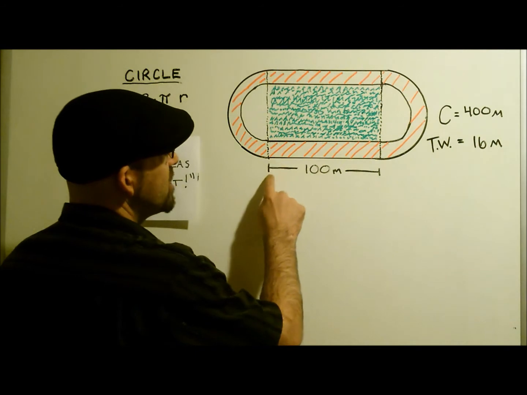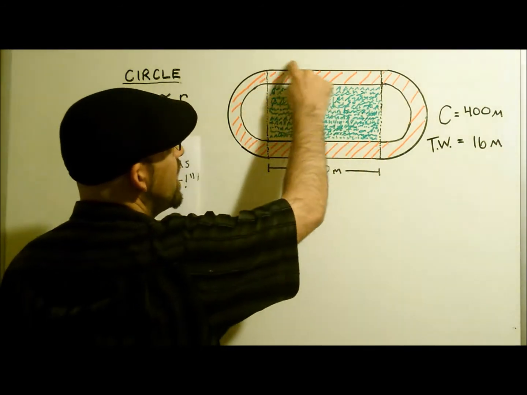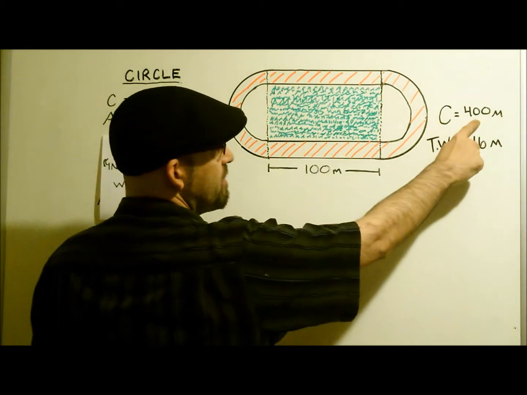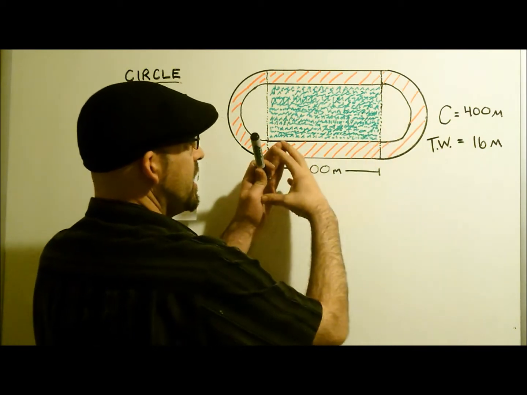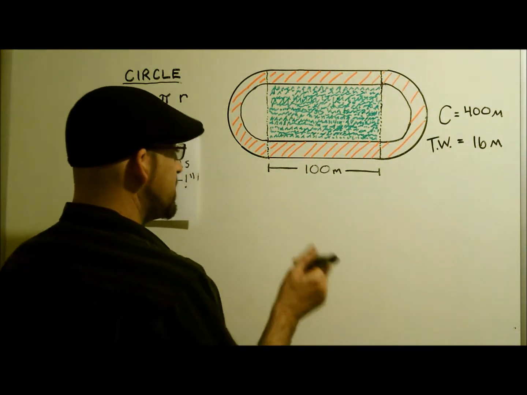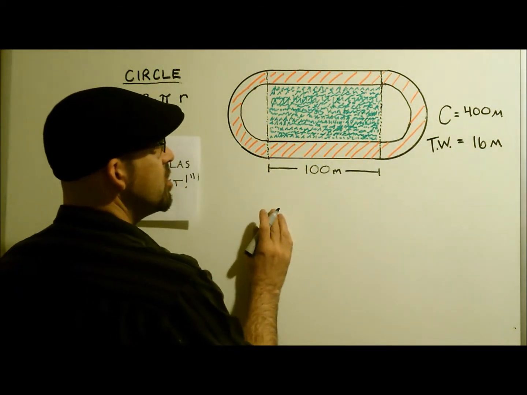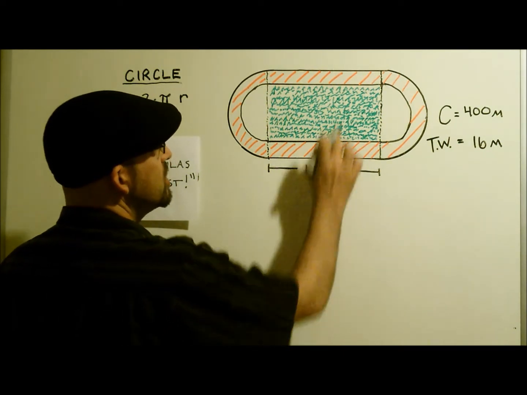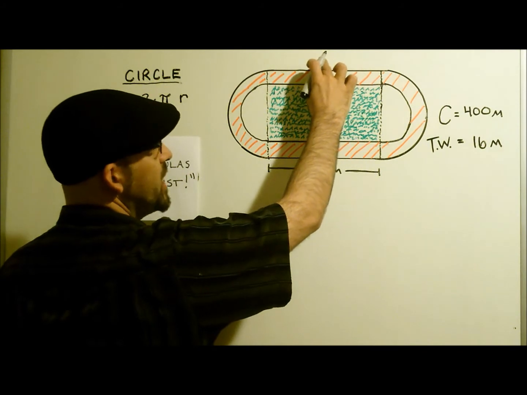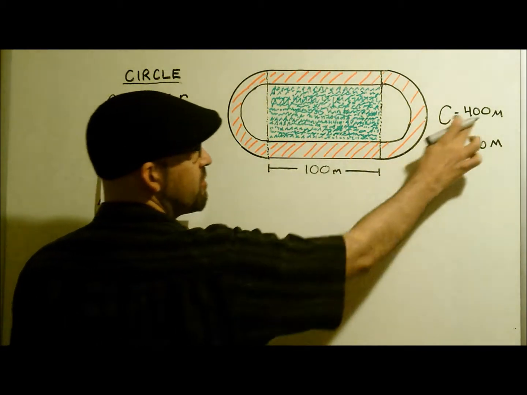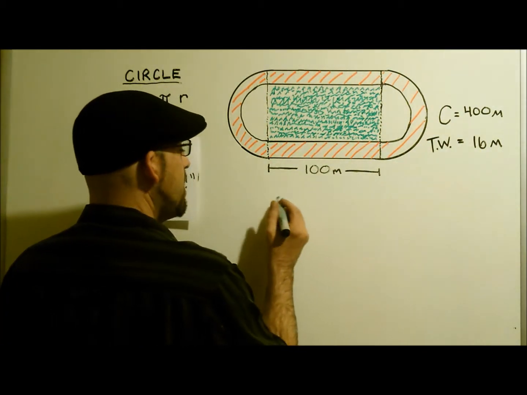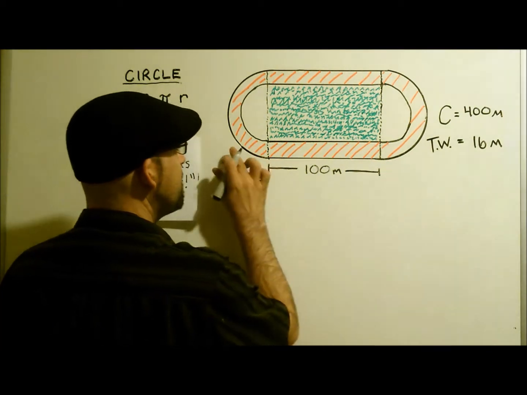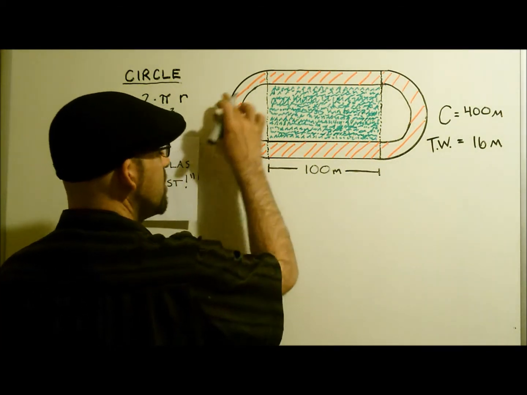Maybe if I subtract 100 from here and 100 from there, from the 400, it'll bring that circle together. So, 100, 200. So we got to subtract 200 from 400. That is our circumference of this outer circle here.